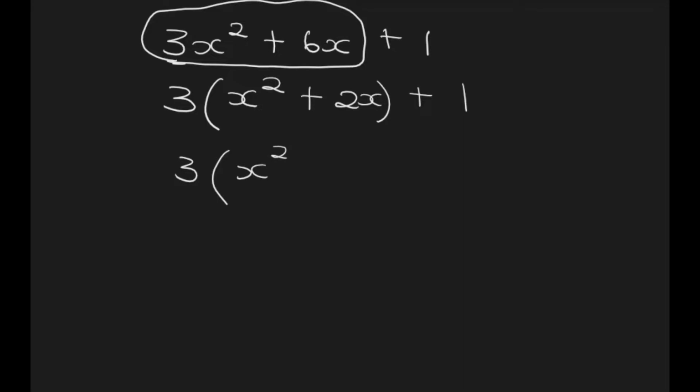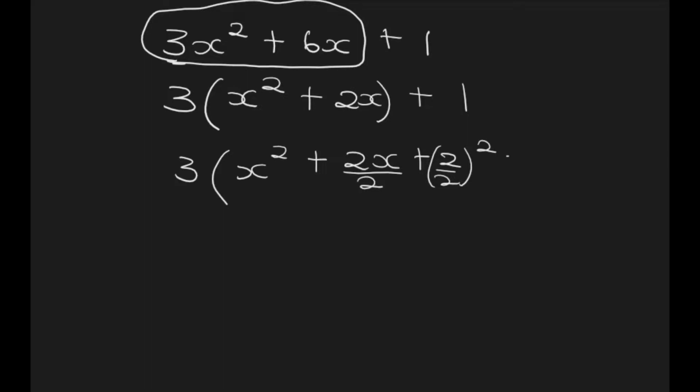Now we can complete the square because the coefficient of x squared is now 1. So x squared plus, we divide the coefficient of x by 2. Then we'll have 2x all over 2. Then from there, we say plus the coefficient of x now squared. So that will be 2 over 2 bracket squared.